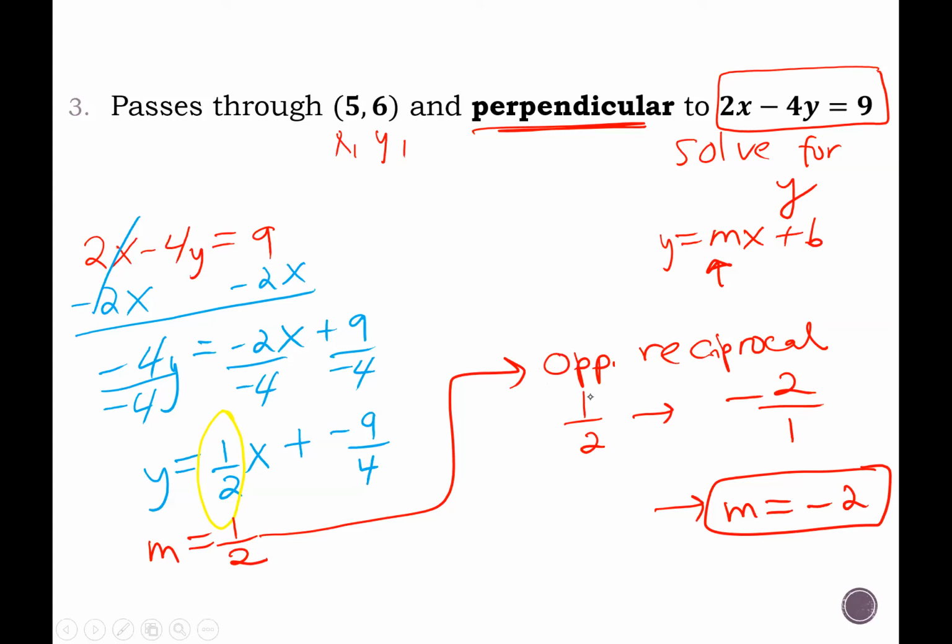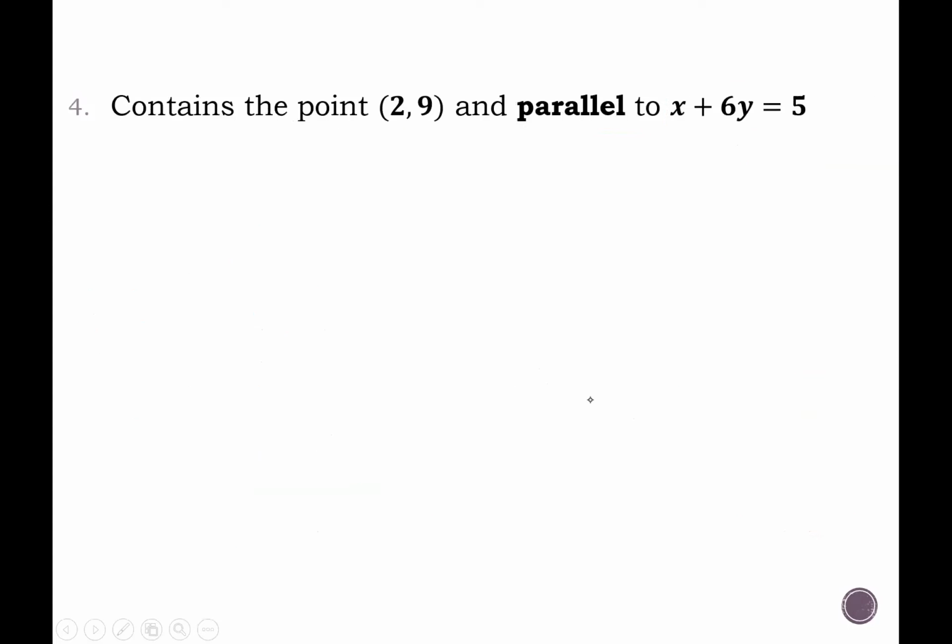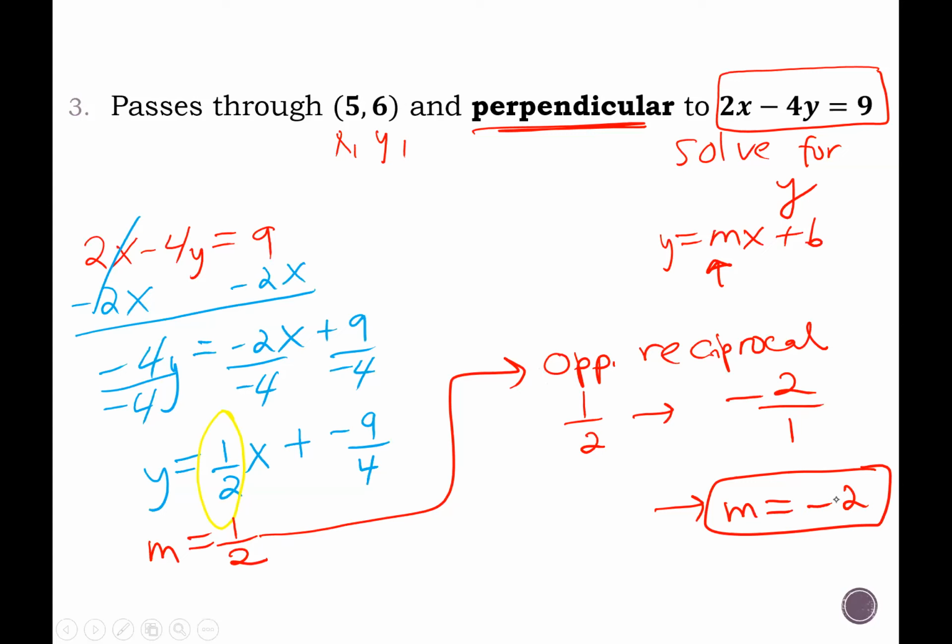The opposite reciprocal of 1/2 is -2/1. In other words, it's -2. Okay, so now we get to use point slope form. We have our point 5, 6, and we have our slope -2.